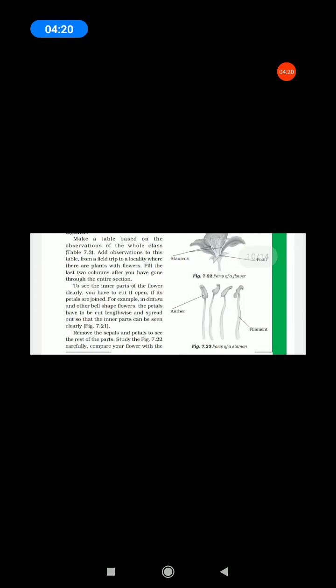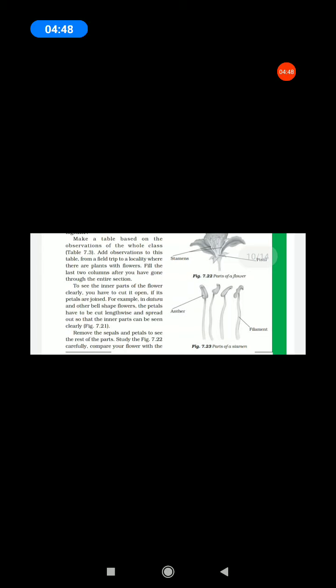Next, listen. Fill the table based on the observation, table 7.3, observations of the whole class. Add observations to this table from the field trip to a locality where there are plants with flowers. Fill the last 2 columns later. To see the inner parts of the flower clearly, you have to cut it open.